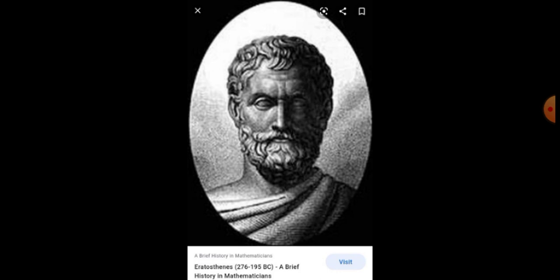The first one is human geography. Human geography is the study of the interrelationship between people, place, environment, etc. Then the second main branch is physical geography.